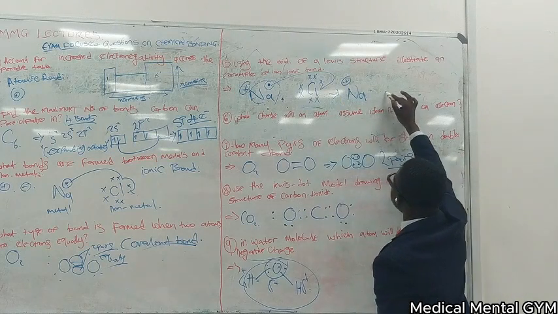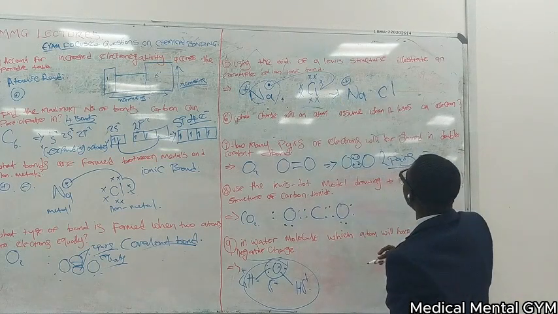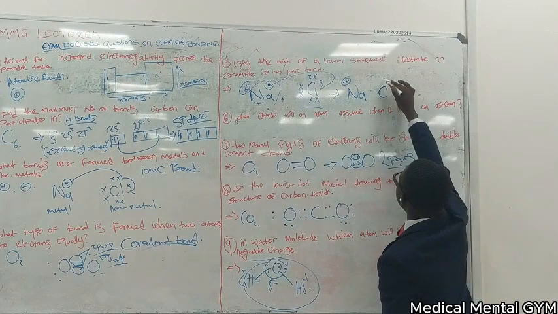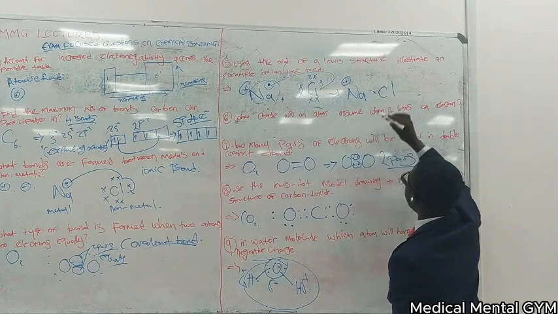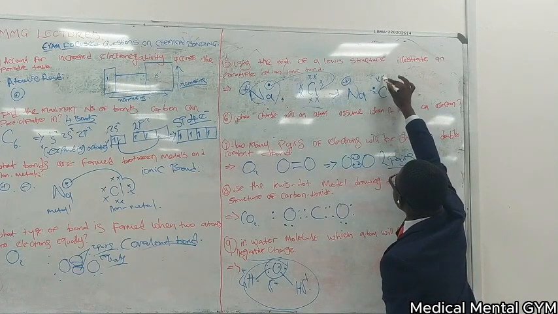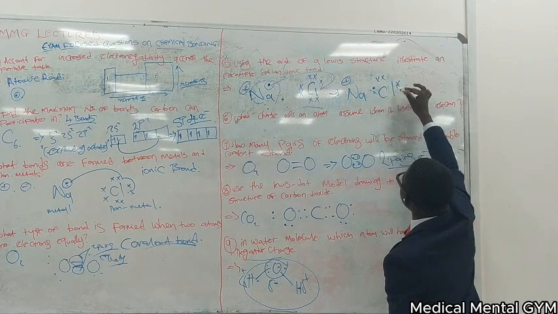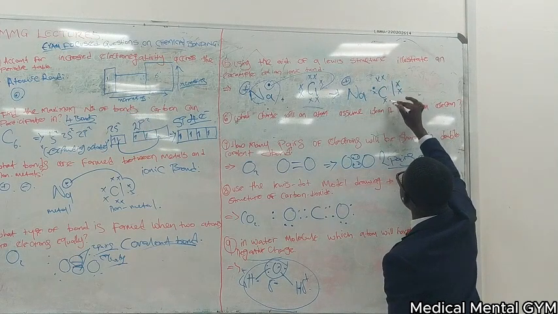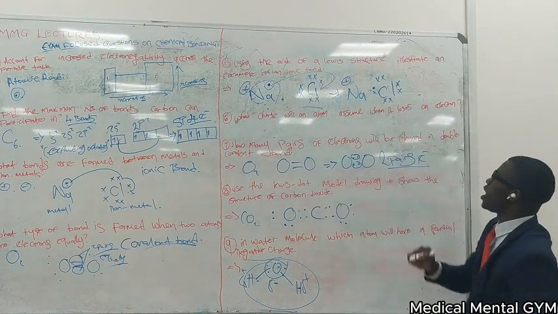Chlorine, on the other hand, in the Lewis structure will appear with 8 electrons in its outermost shell, with an additional 1 electron which was gained from the sodium atom.